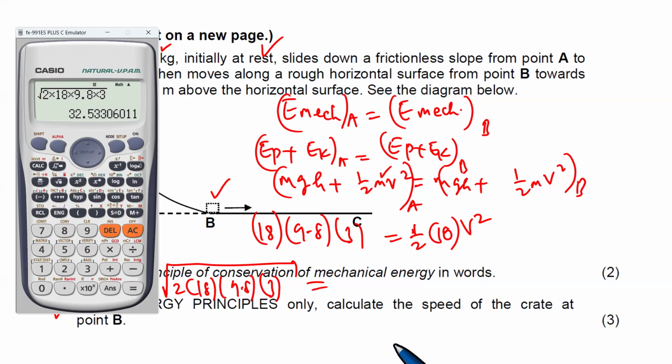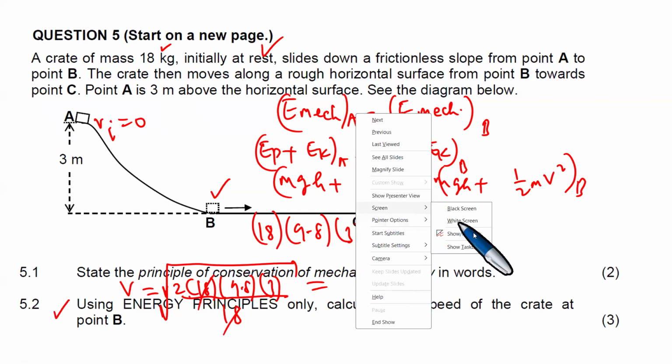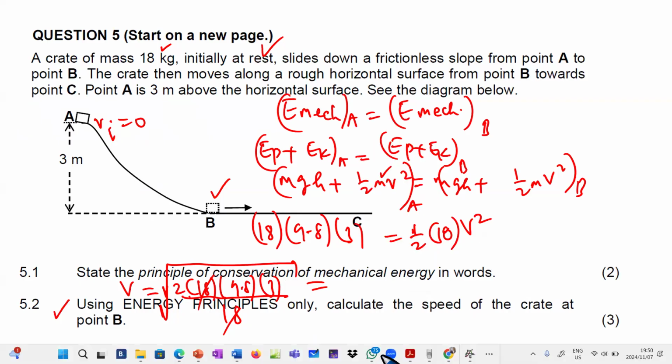I missed 18, I should have also divided by 18 here. Obviously, the 18 cancels. So I was wondering why it was so large.